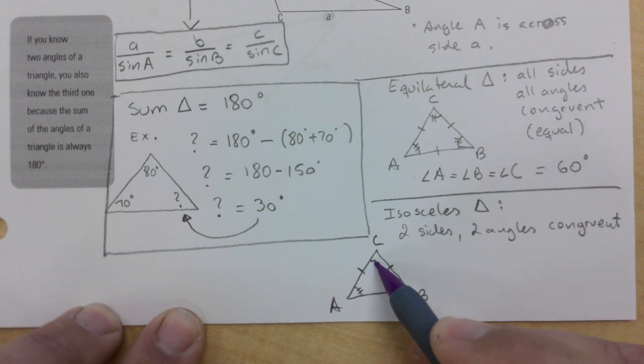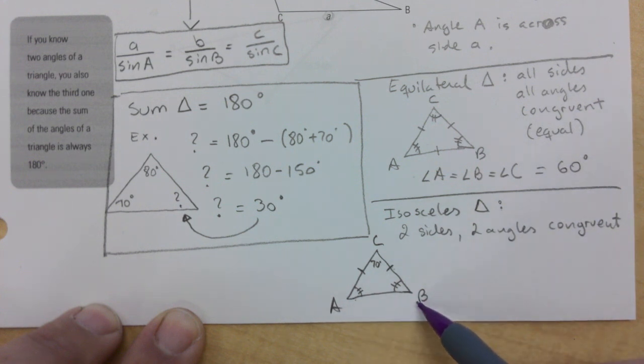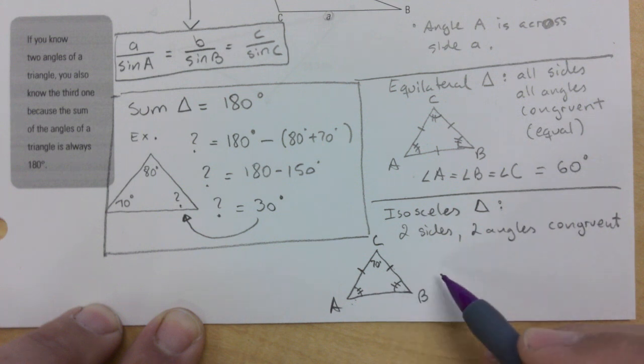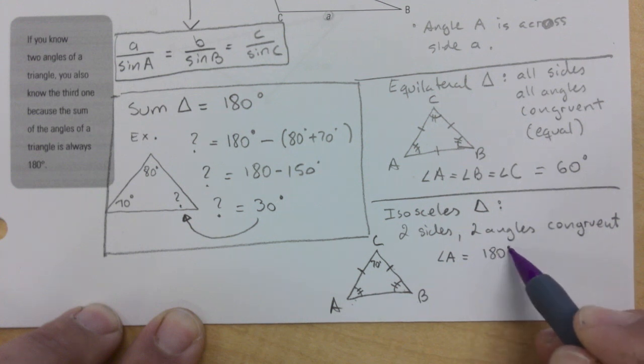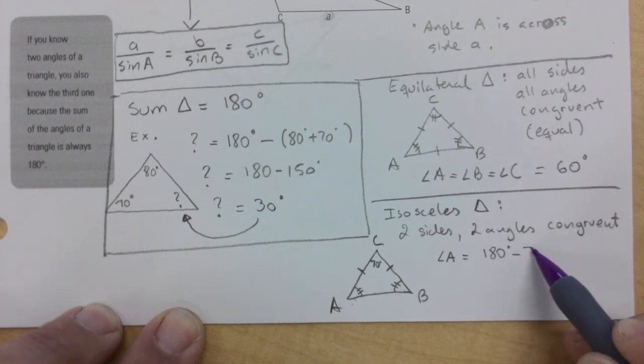So let's say, for instance, that the top angle here is 70 degrees, this one, right up here. How would you find these two? Well, because we know they're the same, we can use the following reasoning. Angle A would be 180 minus 70, divided by 2.